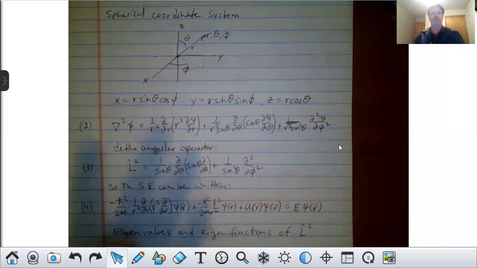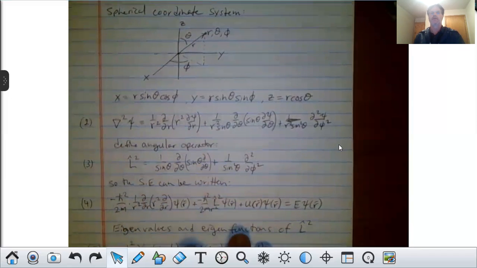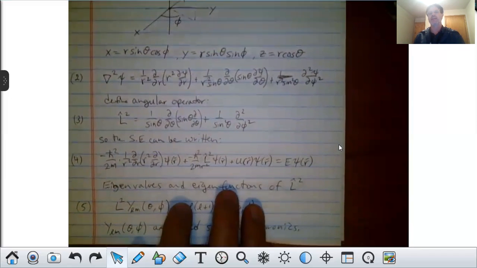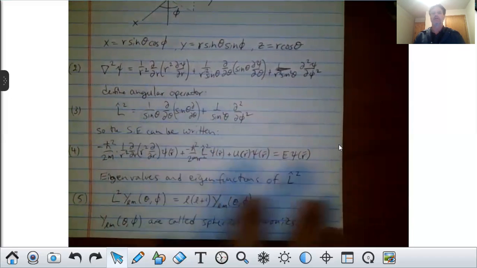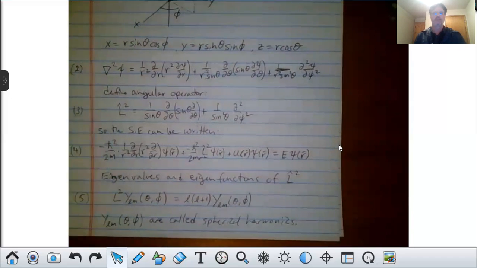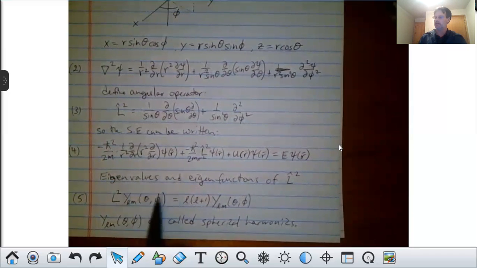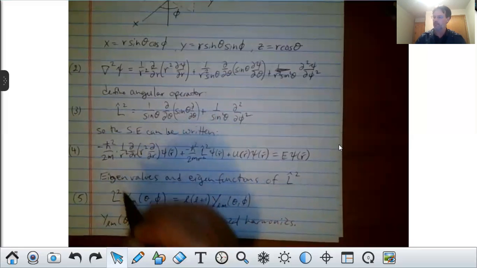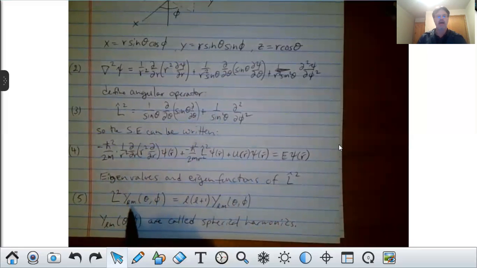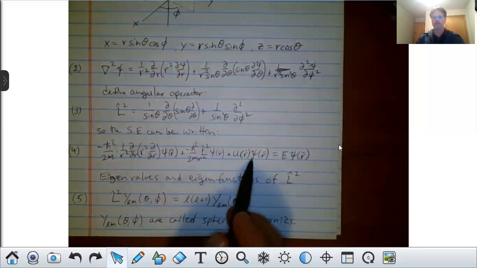I just want to rewrite this equation by separating out the angular and the radial r variable. The way that we can do that is to look at the angular part of this, the operator L squared acting on the angular part of the whole function.